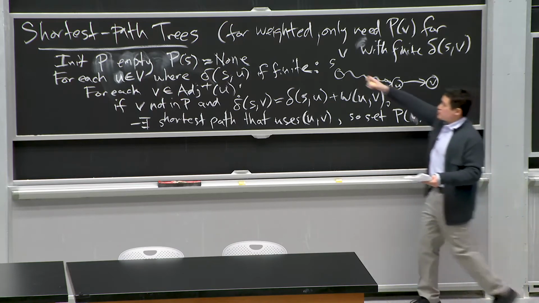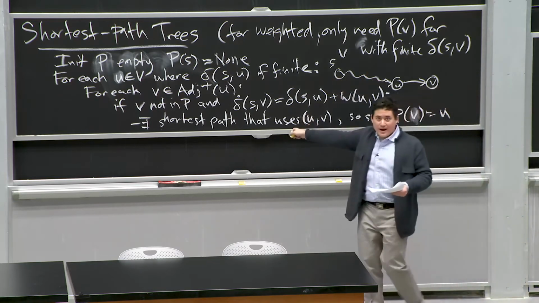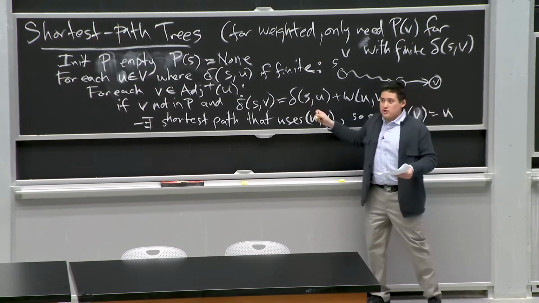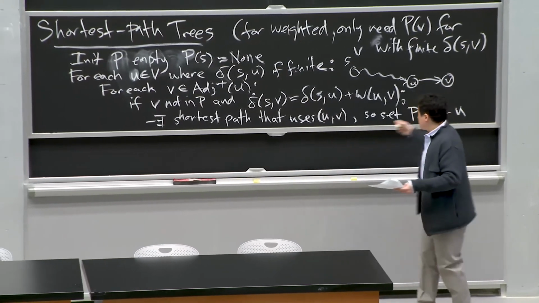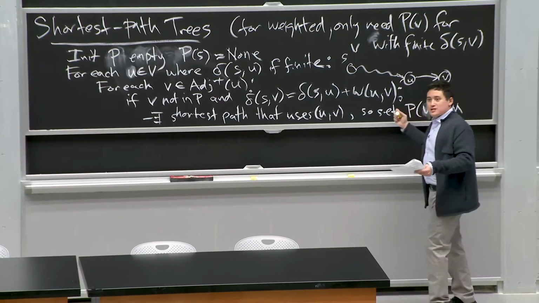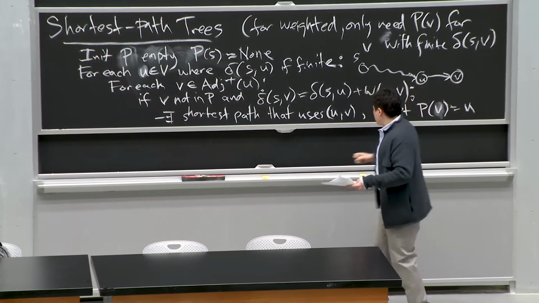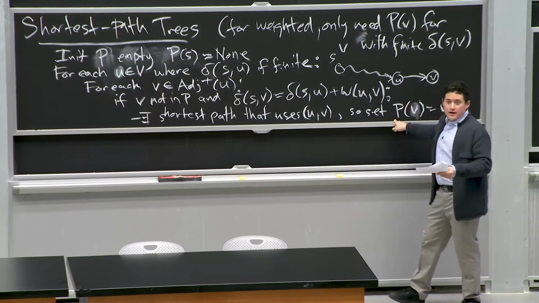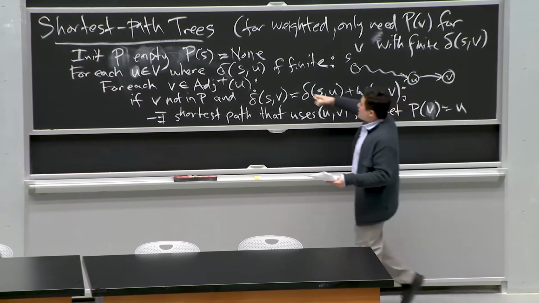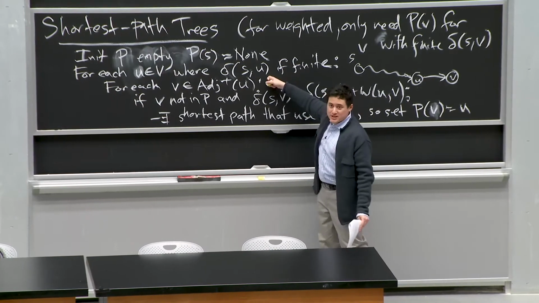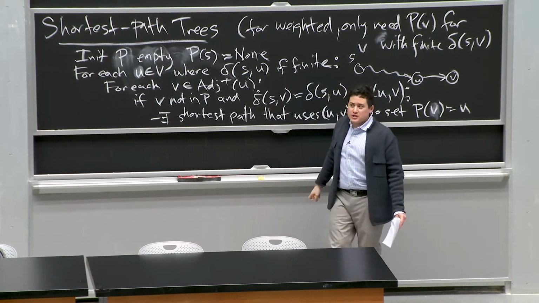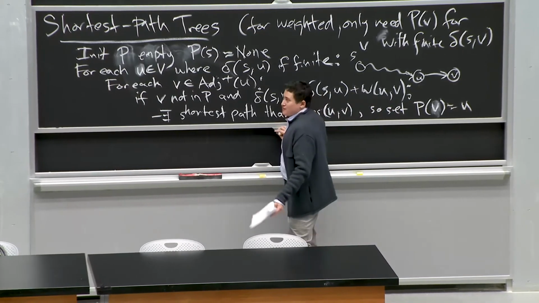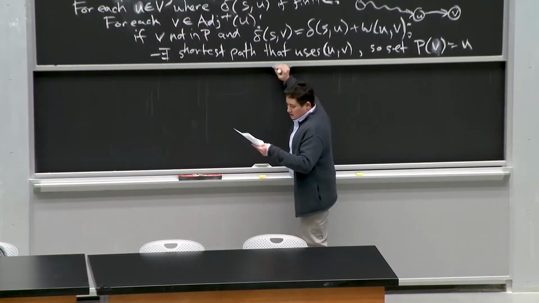I'm not going to prove to you that this is correct, but it kind of intuitively makes sense. If I have these shortest path distances, you can prove by induction that not only does this parent pointer point to the right place along some shortest path, but it also does so in linear time because I'm looping over all the vertices and looping over its outgoing adjacencies once. Same analysis as we had for both BFS and DFS, essentially.